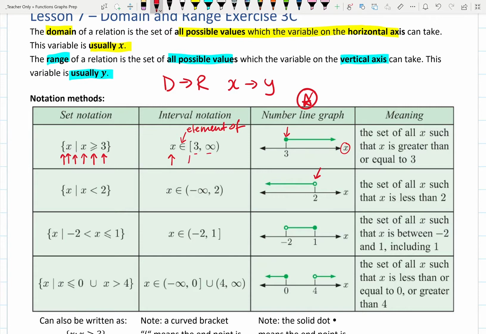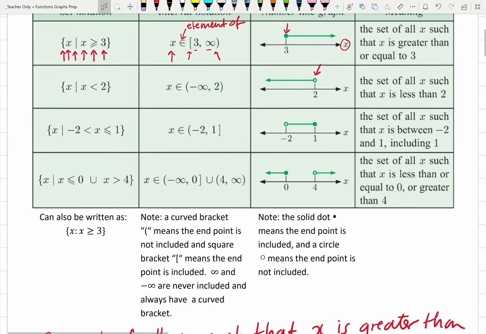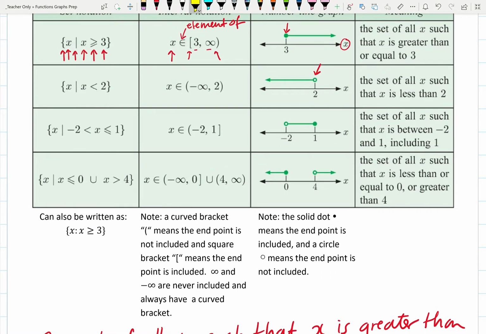Now notice that one's got a square bracket and one's got a curved bracket. If you have a look at the little note down the bottom here, the curved bracket means the endpoint is not included, whereas the square bracket means the endpoint is included.